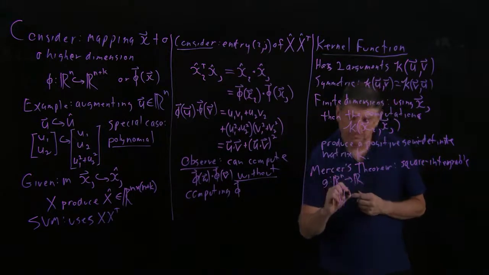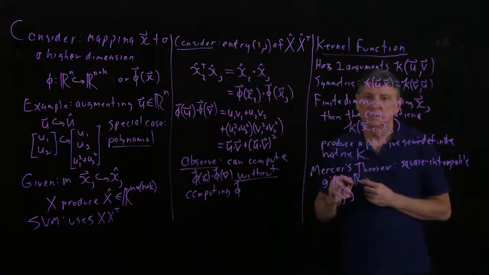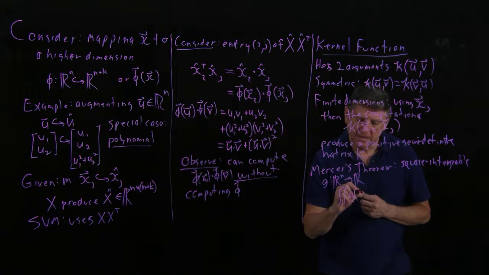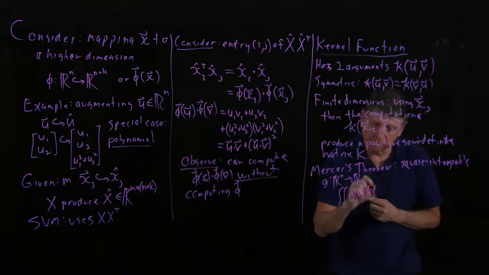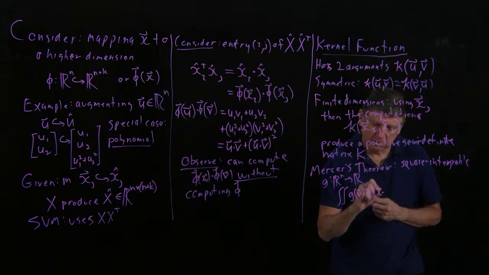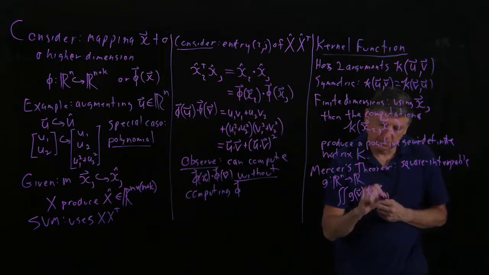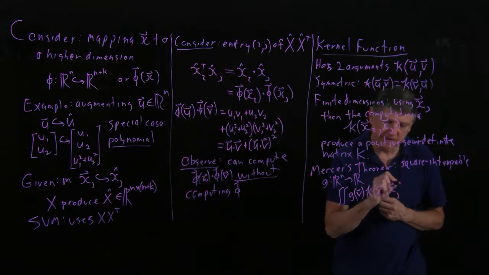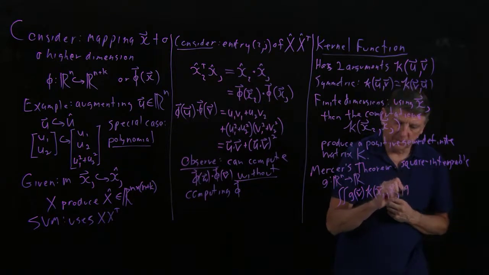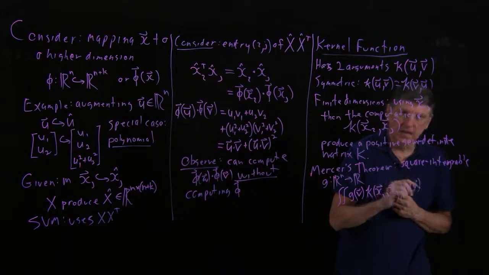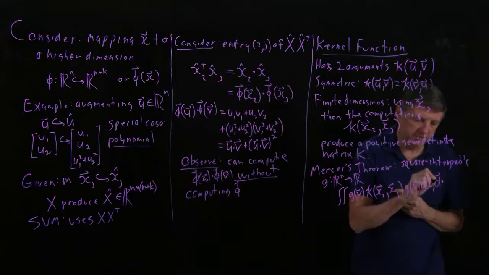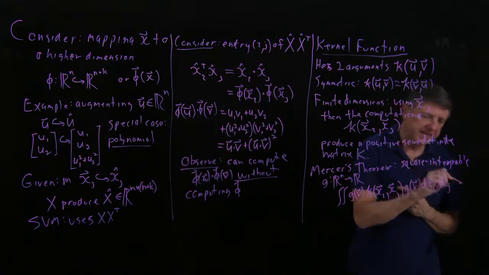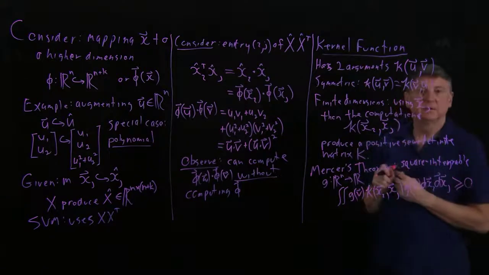And it's the double integral of, if we take g of any vector v, and we compute our kernel function for data vectors i, j, and then we post multiply by g of v, and we sweep that over all possible i's and all possible j's, that double integral has to be non-negative.